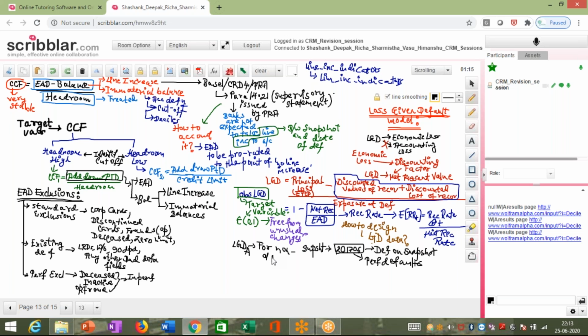So the first set of models will be LGDA for non-default, accounts which are defaulting in the performance.